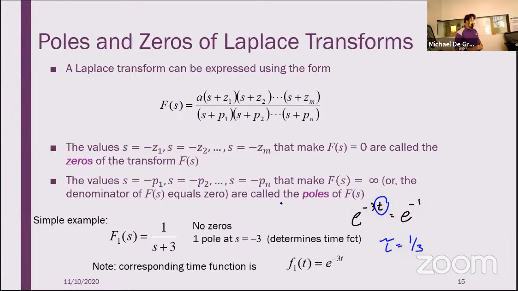It will never be negative, but it's 1 over the absolute value of your roots. If you have more than one root, you could have more than one time constant. If you have a complex conjugate root, it's 1 over the real portion, because the real portion of our roots defines the exponential behavior, and the imaginary portion defines the sinusoidal behavior.